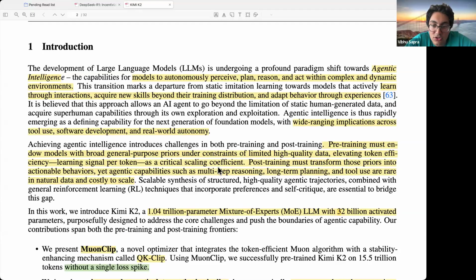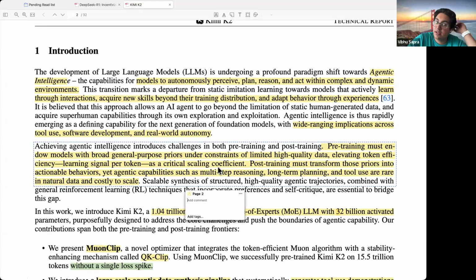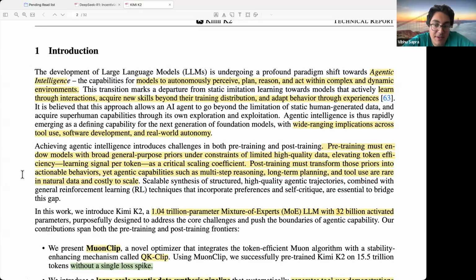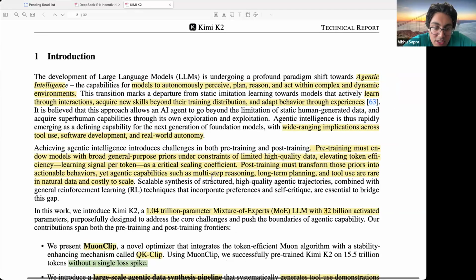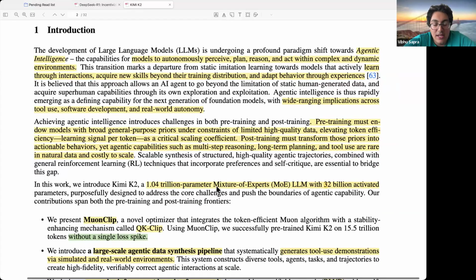Yet agentic capabilities such as multi-step reasoning, long-term planning, and tool use are rare in natural data and costly to scale. So basically you need a decent enough base model to do all this. And for post-training, this data is not really existent and it's hard to scale. We don't really have a lot of multi-step reasoning, long-term planning, tool use data. So they do a lot of scalable synthetic data gen.